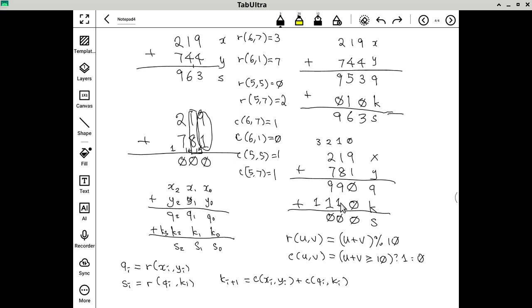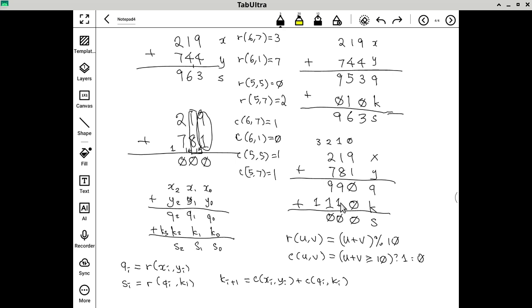And then we go like, okay, so the bottom line is, how do we calculate a single digit sum? R does that. How do we know what the carry is? Do we have a carry of 1 or a carry of 0 when we add two single digits? Function C takes care of that.